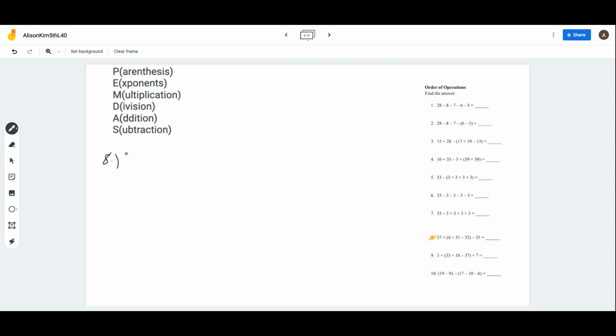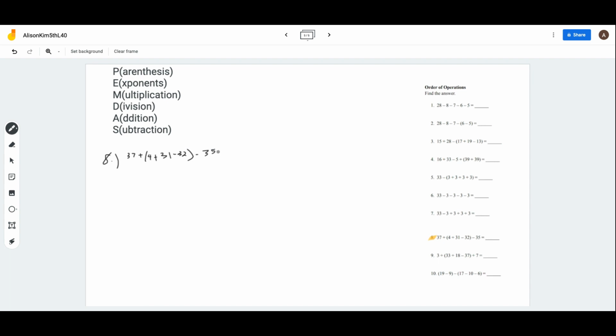Number 8 gave us 37 plus, and then we have parentheses 4 plus 31 minus 32, and then parentheses minus 35.